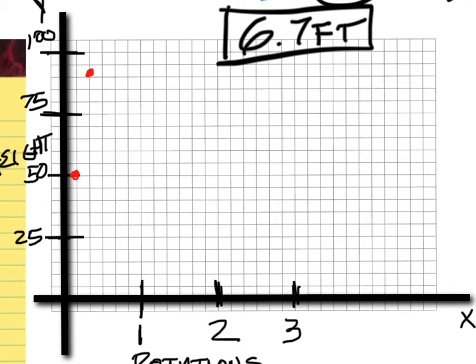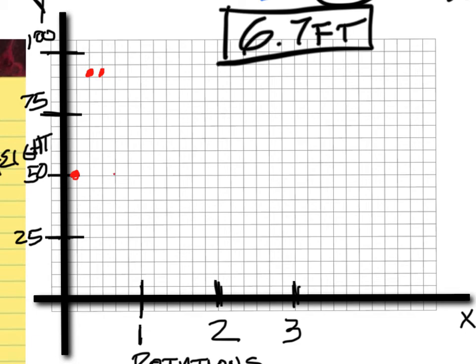And after another 1/6 of a rotation, what was the height? It would be at the same thing. Okay, so it'll be, let's see, 1 over, and it'll go right there. And then what about another 1/6 of a rotation? 50 feet.